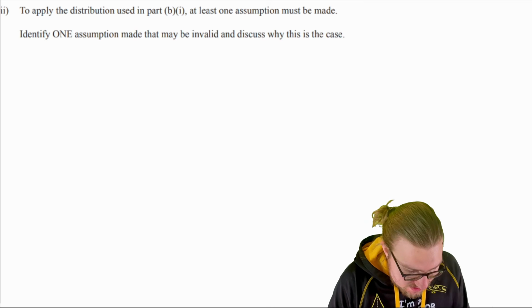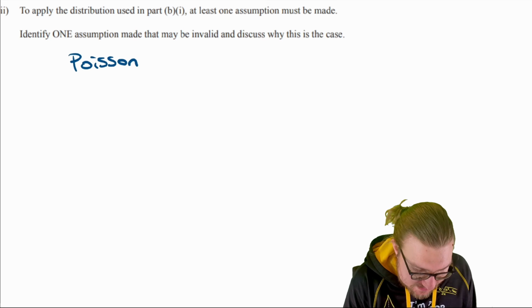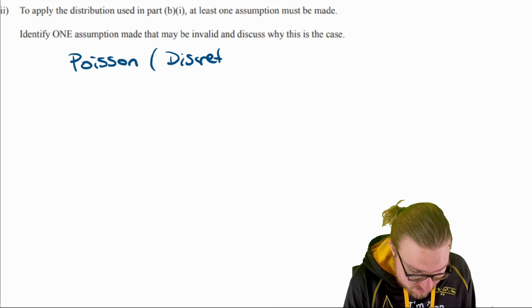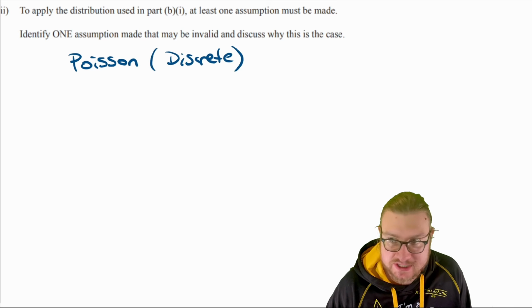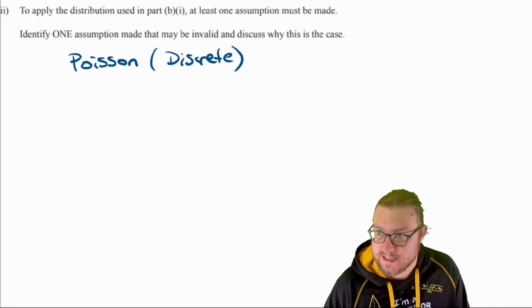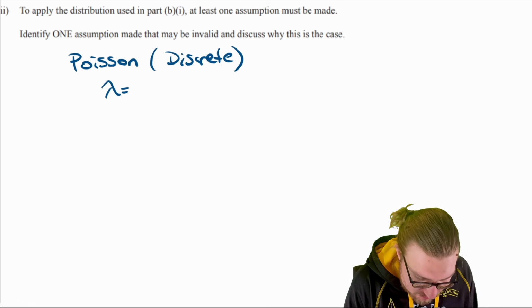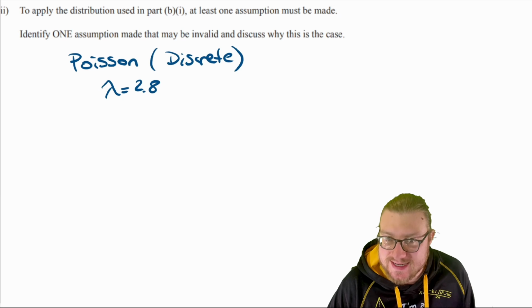Here we have the Poisson distribution. Poisson is a discrete distribution, which means we have only whole numbers. It's not continuous. So what are some of the requirements here? We have a parameter, which is 2.8 in the case before. The lambda here is the average.